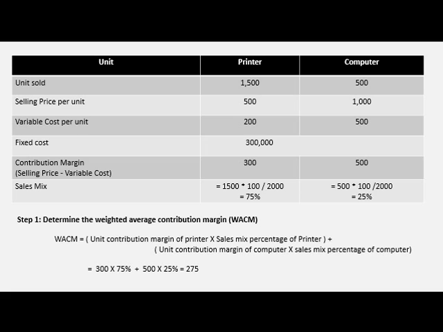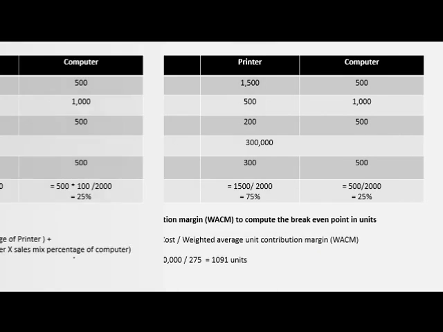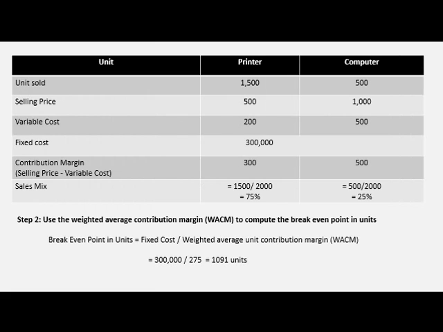This results in 275. In step 2, we use the weighted average contribution margin calculated earlier to compute the break-even point in units. Break-even point in units is equal to fixed cost divided by the weighted average contribution margin. That is, 300,000 divided by 275. This gives us 1090.91 units, or approximately 1091 units.